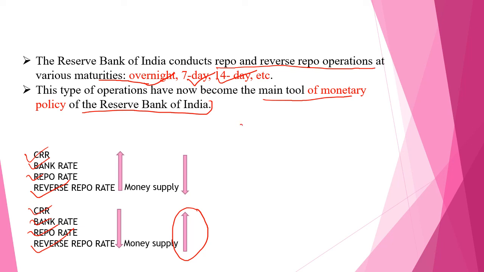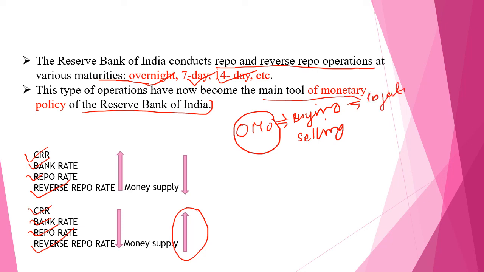These are the important points regarding open market operations. Open market operations are simply buying and selling of government securities. Buying government securities means injection of money. This is very important. Selling means absorption of money. This is very, very important.